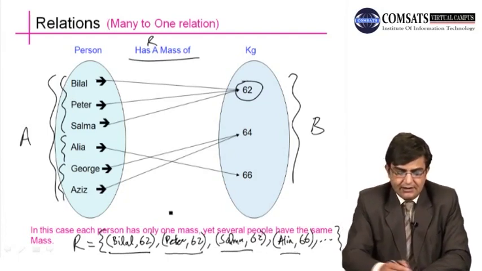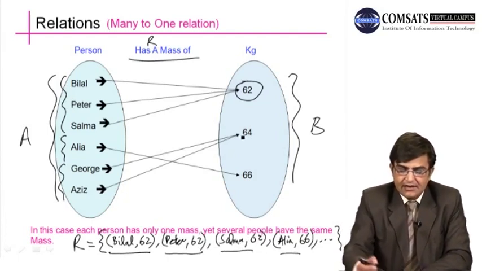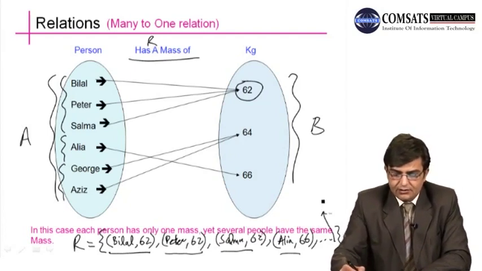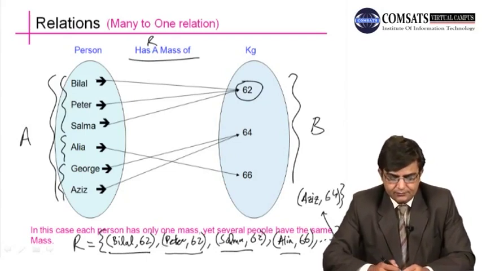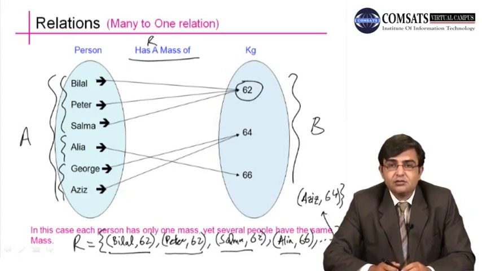Similarly this, and at the end Aziz has 64. Then we can close this relation. So this relation is also obviously the subset of the Cartesian product of A and B, A cross B.